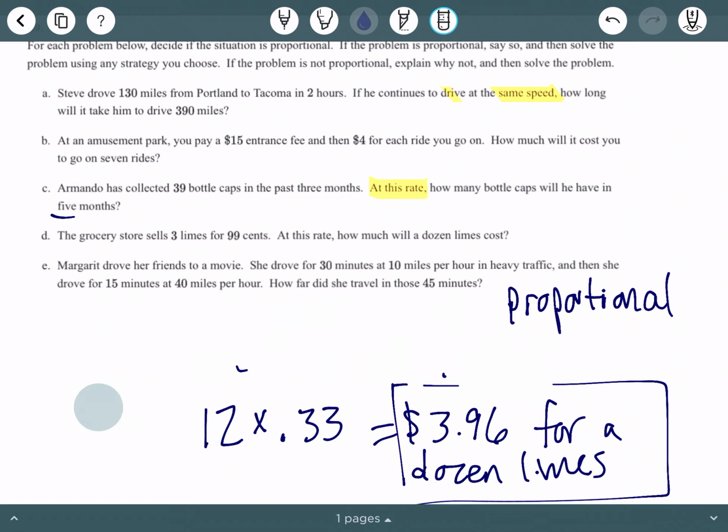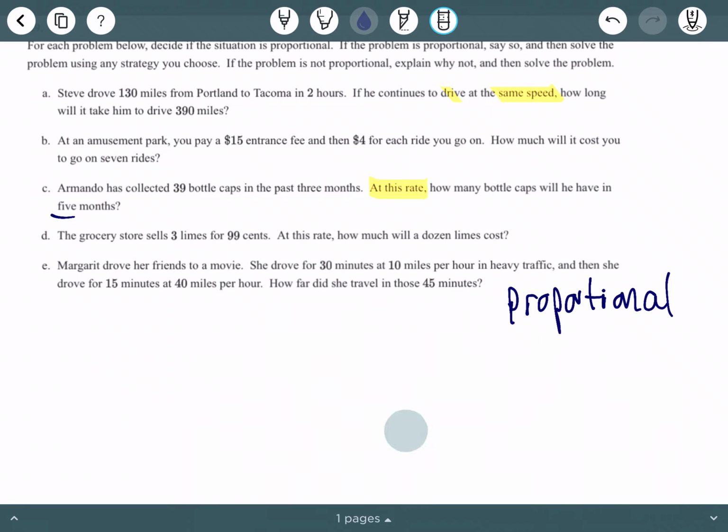All right, finally, let's have a look at part E. So part E says, Margaret drove her friends to a movie. She drove for 30 minutes at 10 miles per hour in heavy traffic, and then she drove for 15 minutes at 40 miles per hour. So, how far did she travel in those 45 minutes?